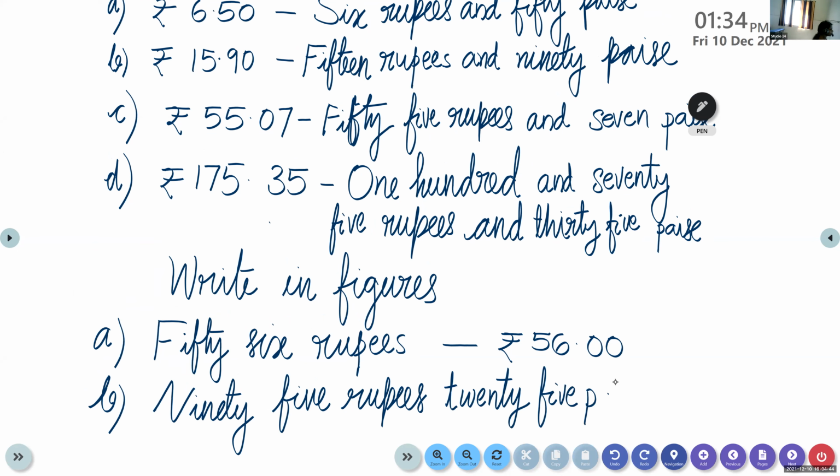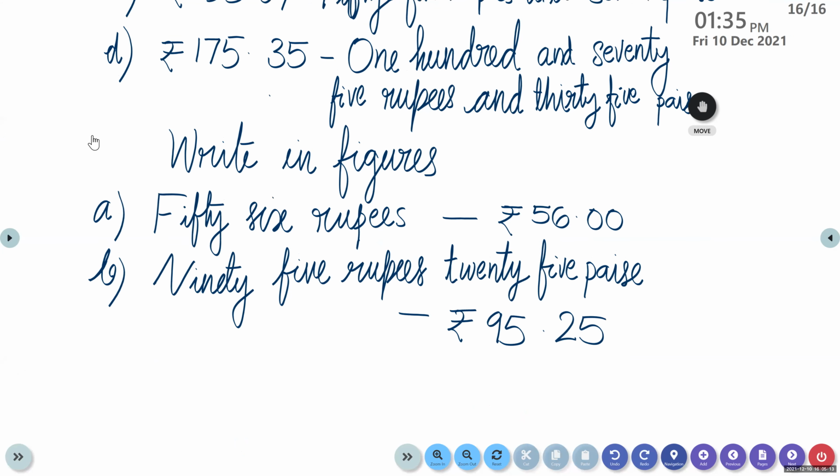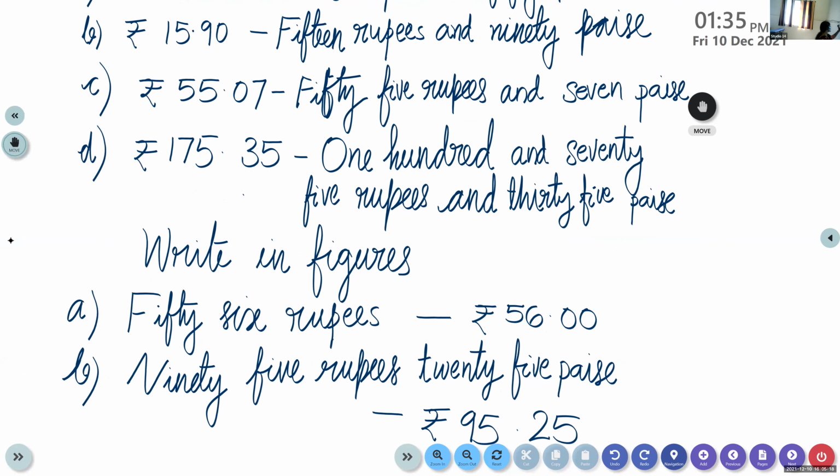Two more questions are there that I will give you when I send the notes. So put the symbol. How many rupees here? 95, so we can write the number 95. Then we can put the dot. How many paisa? 25 paisa, so we can write the number 25. Arav, I will send the notes in the group. Two more questions are there that I will give you in the notes, so you can complete it.